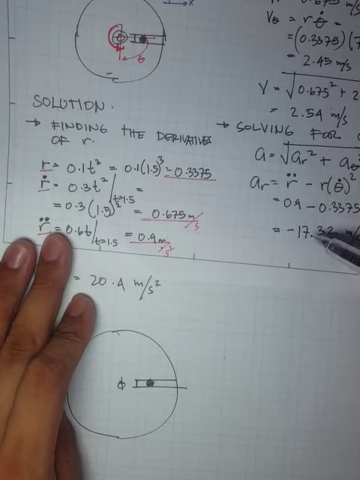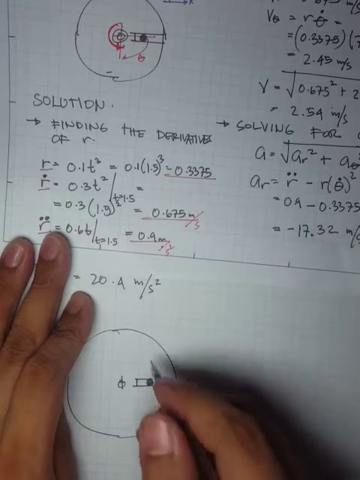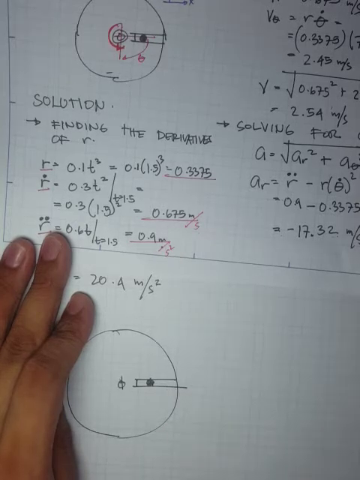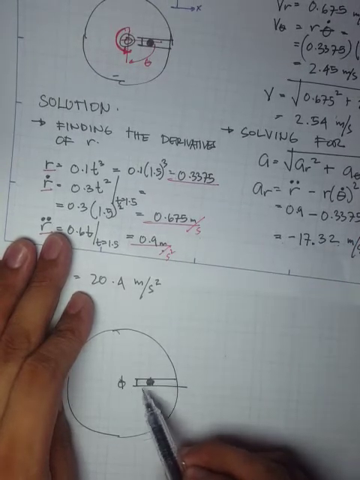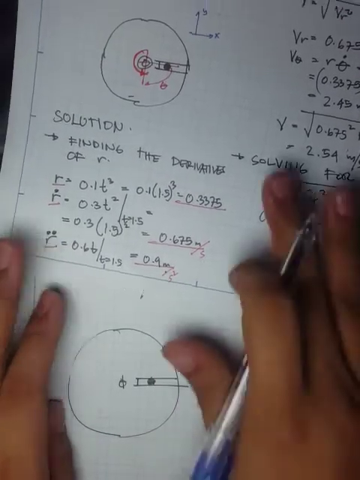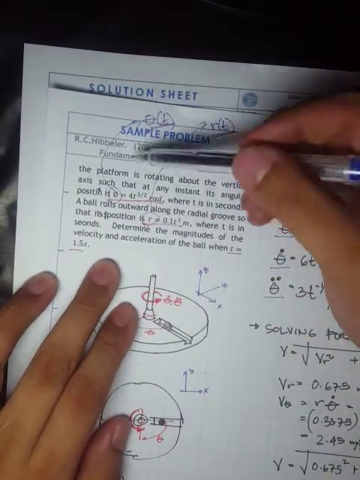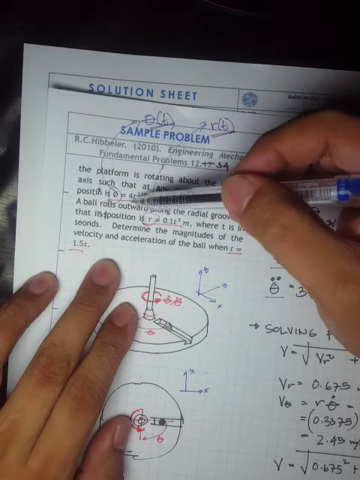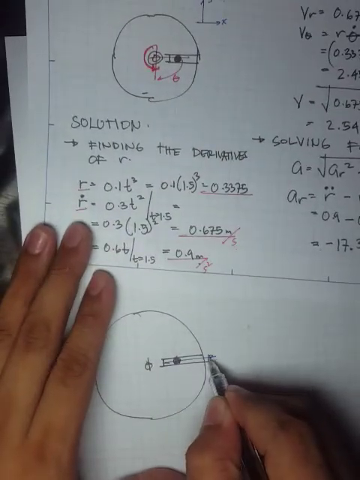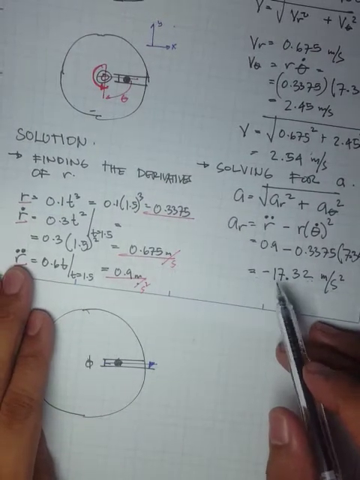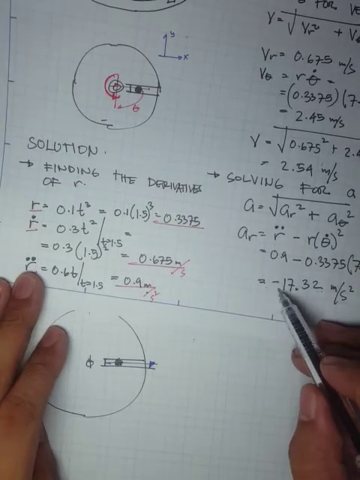If this is our radial, meaning a negative, then it's actually decelerating, meaning it's slowing down along this radial groove. Let's check this problem: a ball rolls outward along the radial groove, so the motion of the ball is going outward, except that since this is negative, it just means that it is slowing down. So that's the meaning of this one.